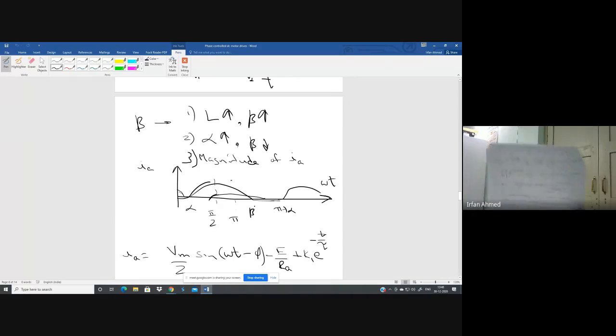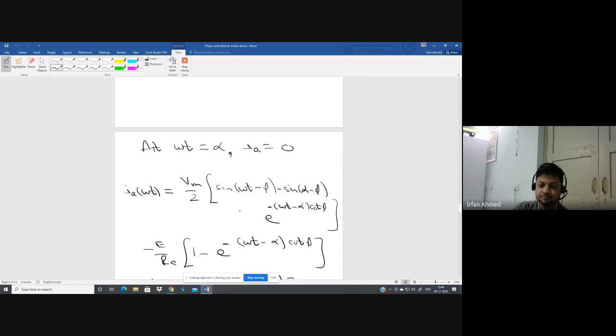This derivation I'm not writing because that will take a lot of time on this board. So I'm directly writing the final result.